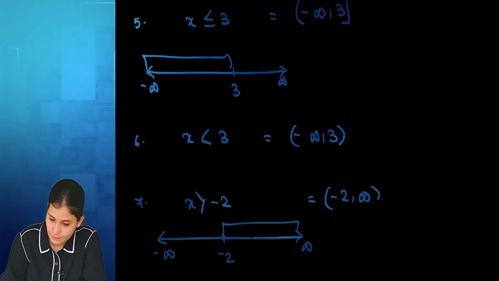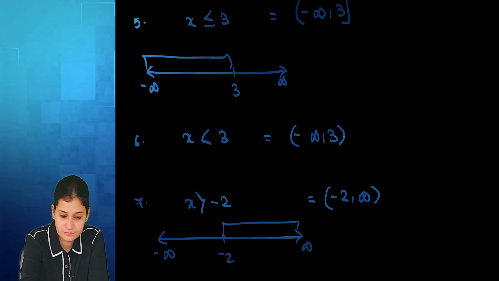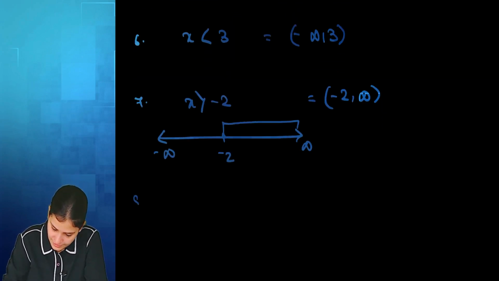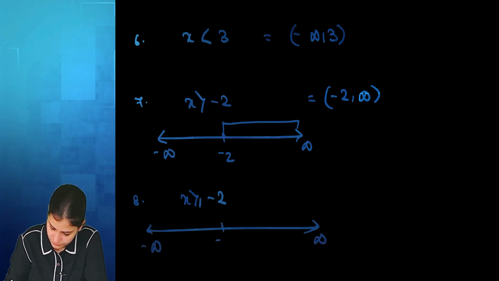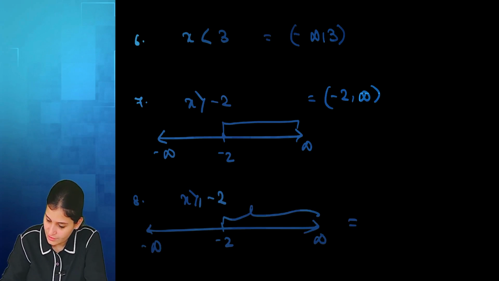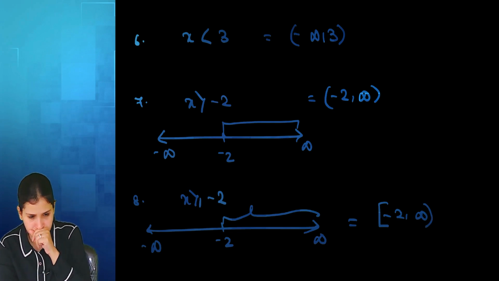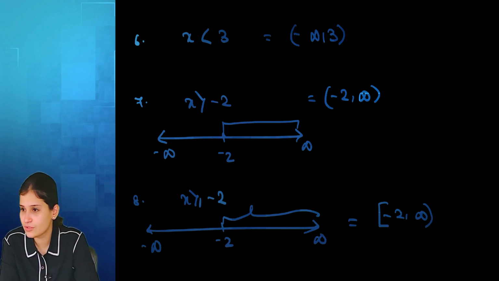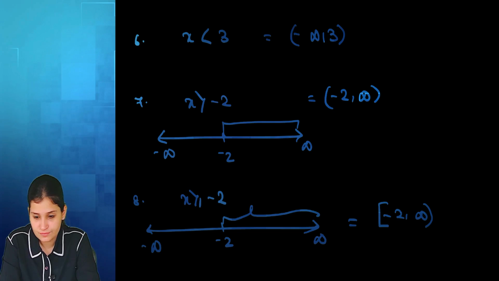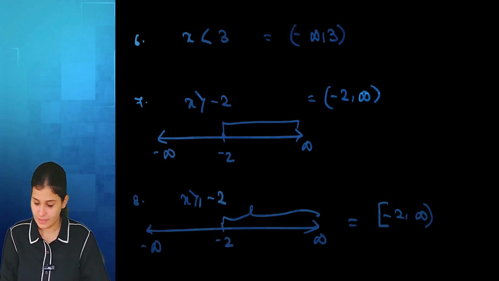No equality, both will be open. Yes? Yes, ma'am. If I write x more than or equal to minus 2, again same region, minus 2 to infinity. I'm allowed to take minus 2, I'm not allowed to take infinity. Any doubt? Online, any doubt? No, ma'am. Any doubt?